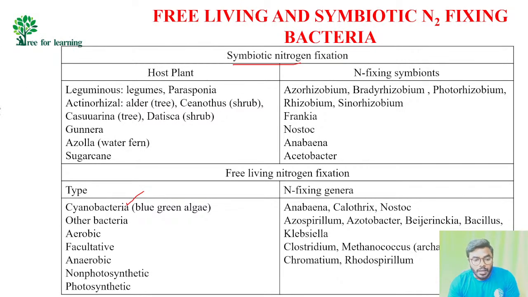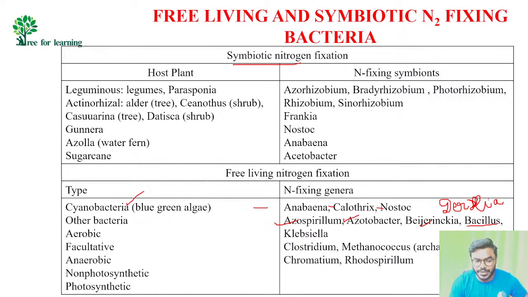So friends, blue-green algae such as Anabaena, Calothrix, Nostoc; aerobic bacteria like Azospirillum, Azotobacter, Beijerinckia, and I want you to remember another example which I am writing here, Derxia. This is also an asked question, friends. Please remember, it is also an aerobic free living bacteria which can fix the nitrogen in the presence of oxygen.